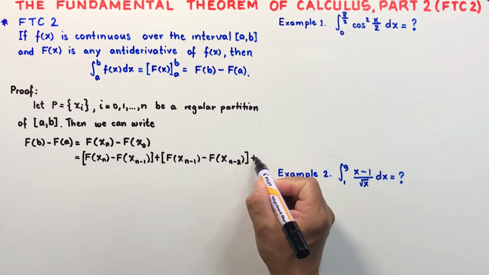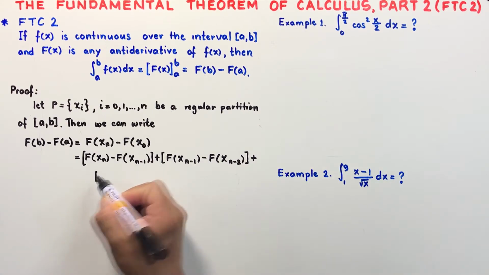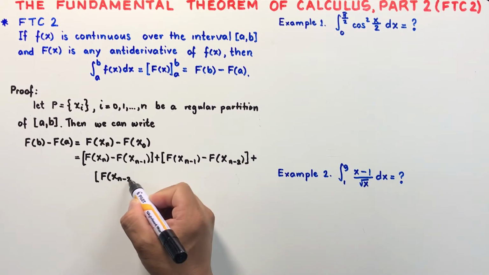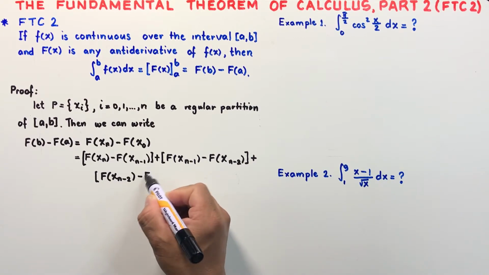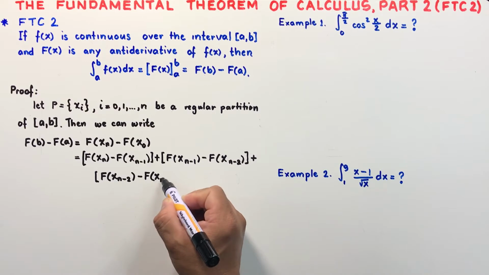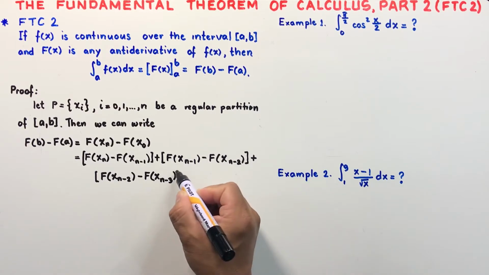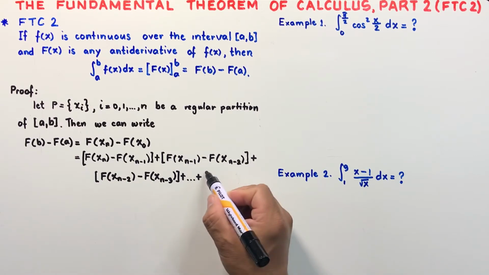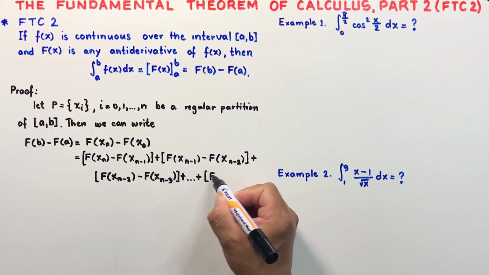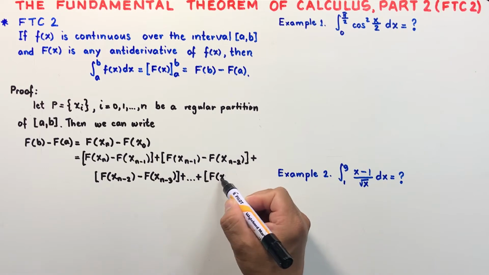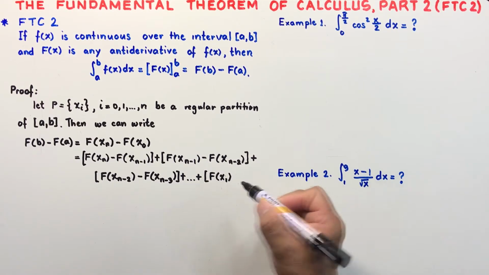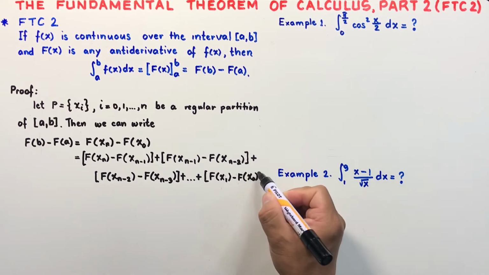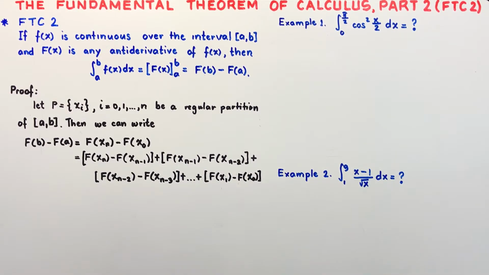So added to, for the third subinterval, big F of x sub n minus 2 minus the big F of x sub n minus 3, and so on and so forth until you reach, for the last subinterval, big F of x sub 1 minus the big F of x sub 0.